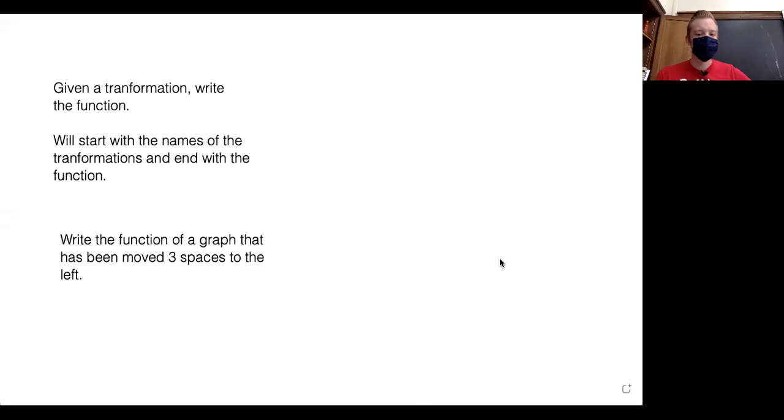So far, we know that our original function that we're working with is f of x.